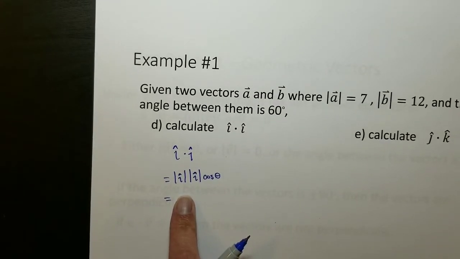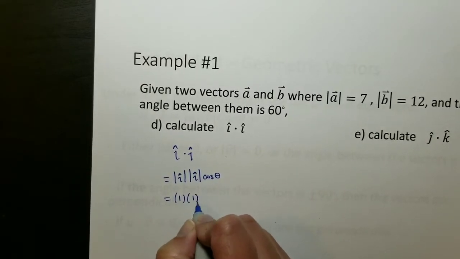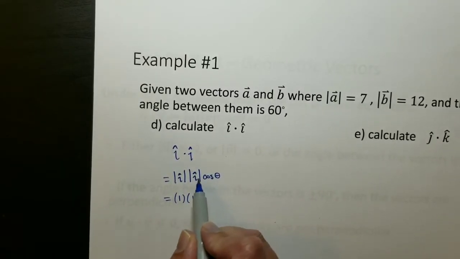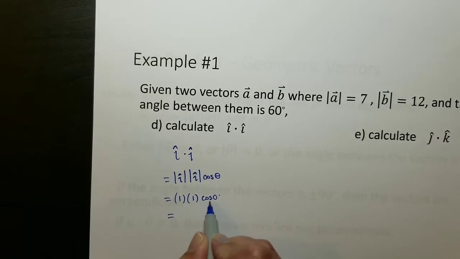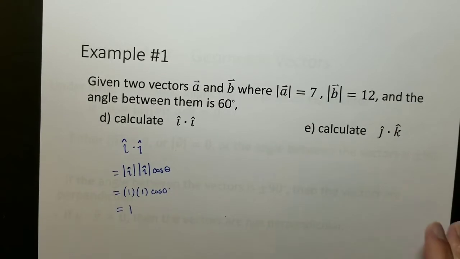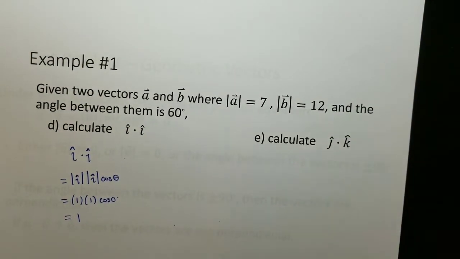Now we know i hat, j hat, and k hat are all unit vectors. That's going to be 1 times 1, and because it's dotted with itself, that's a cos 0. So 1 times 1 times 1 is just 1. So i hat dot i hat would be 1. What if we do j hat dot k hat?